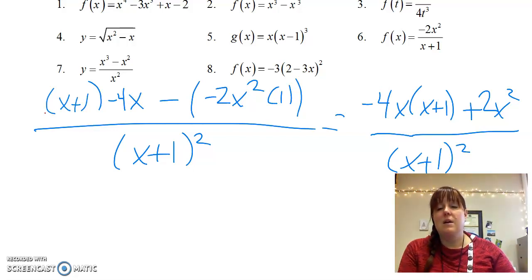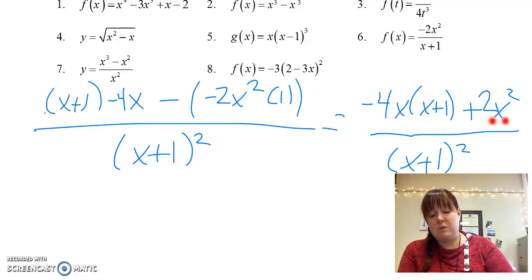Sometimes there's a few of us who hate to simplify, and sometimes you have to just to be able to match it with something else. Because you could recognize that this is going to become an x squared term, so we can probably combine it with that x squared term. We have an x plus 1 at the bottom, so let's just simplify this one just for kicks and giggles.